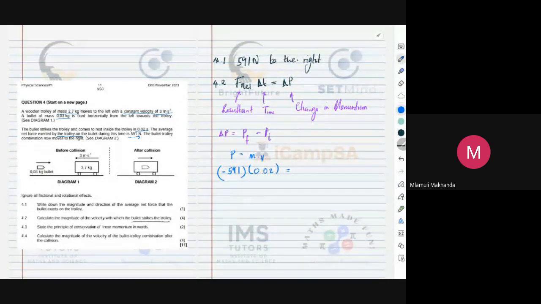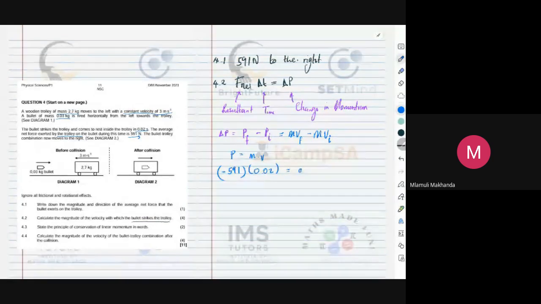The change in momentum would be mvf minus mvi. We already have vf, which is 0, because the bullet comes to rest. We are dealing with the bullet now, the mass of the bullet.